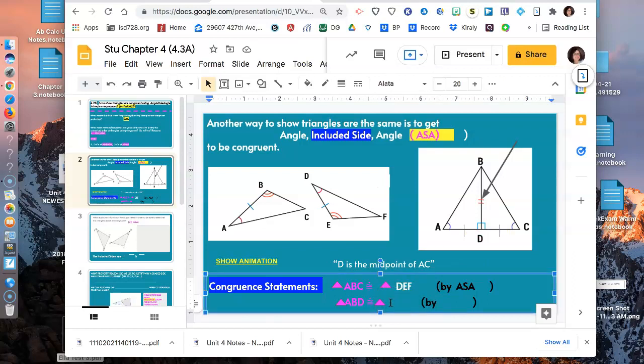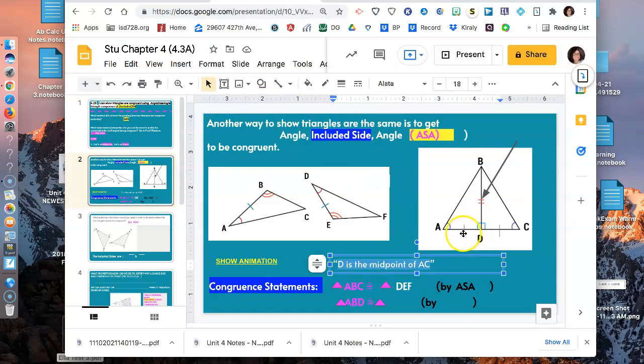So now that I was given some more information, so you know with the worksheets it says, is there enough information to prove these are the same by angle, side, angle? The way it initially was a no. It went angle, angle, side. But then I said, hey, D, you're the midpoint.